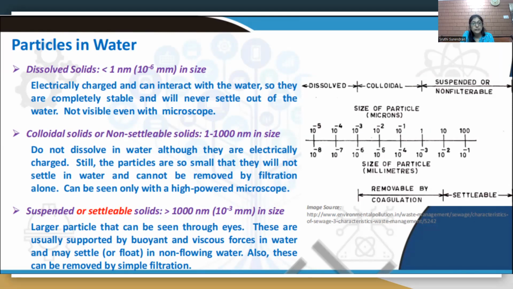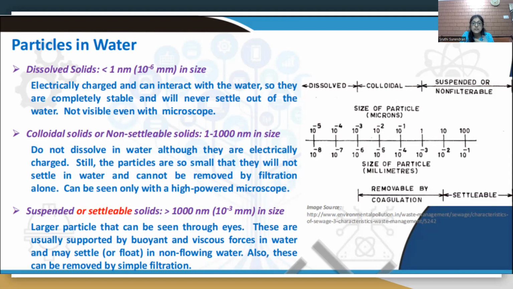Dissolved solids, although they are electrically charged, are small. They are not visible to the eye and cannot even be seen under a microscope. Colloidal solids also have charge, but they are a little bit bigger than dissolved solids, and they can be seen under a microscope. Whereas suspended solids are large enough to be seen with the eyes, they can be removed by filtration, and they also have a tendency to settle.